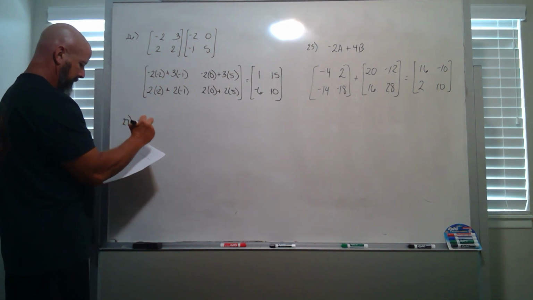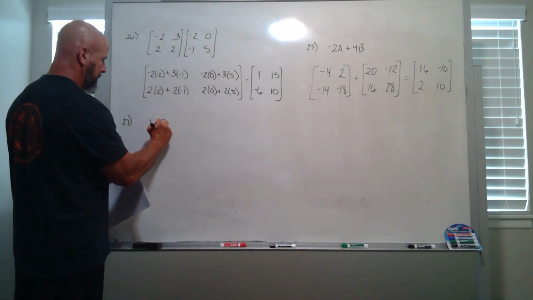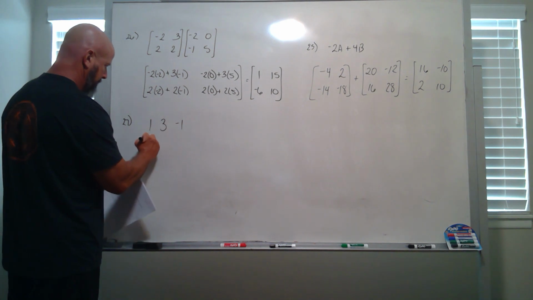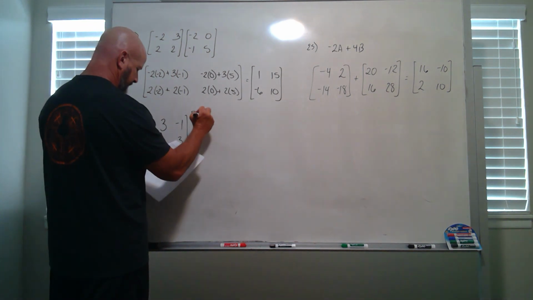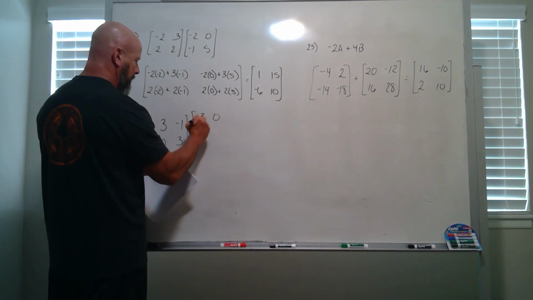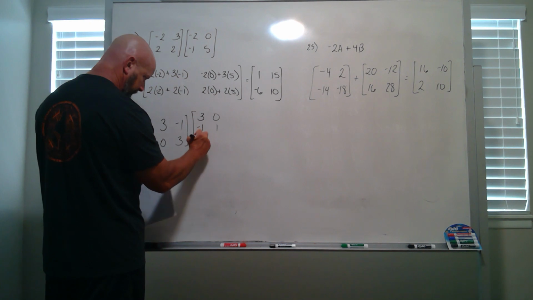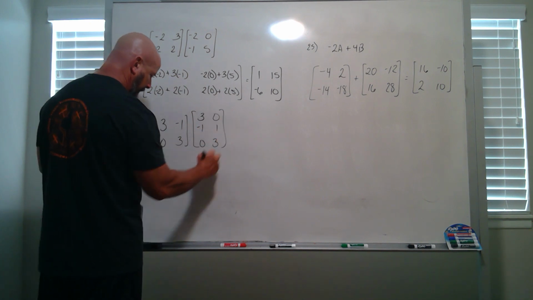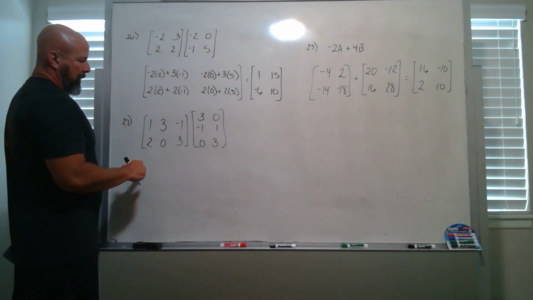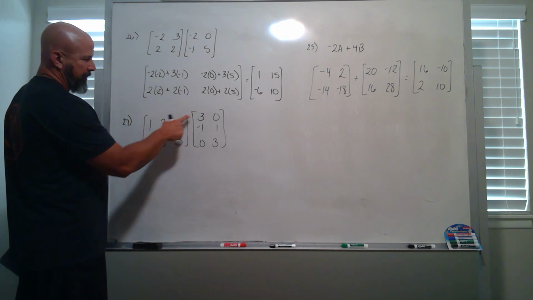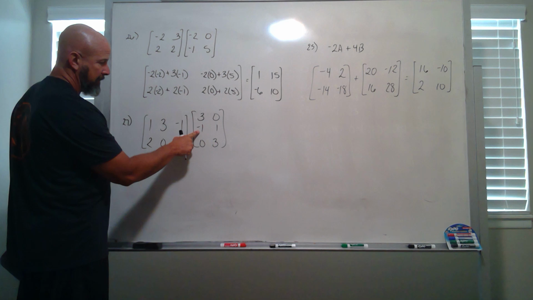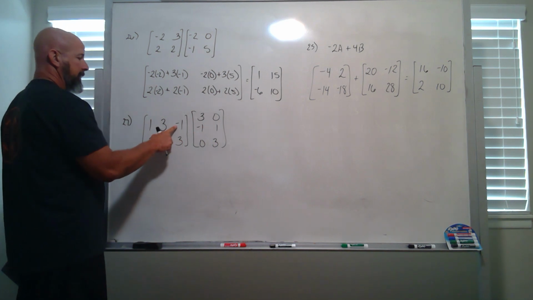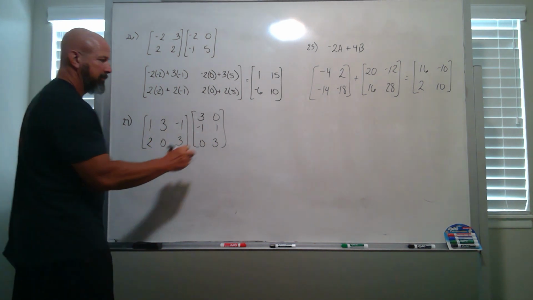27. I've got a 2 by 3 times a 3 by 2. So I'm going to have 1 times 3 plus 3 times negative 1 plus negative 1 times 0.